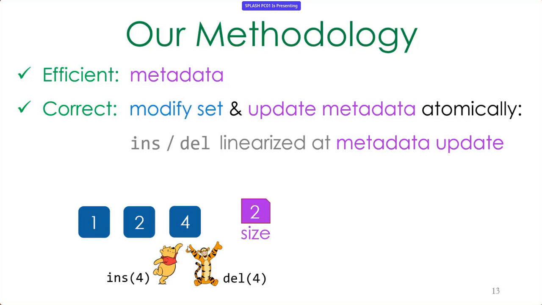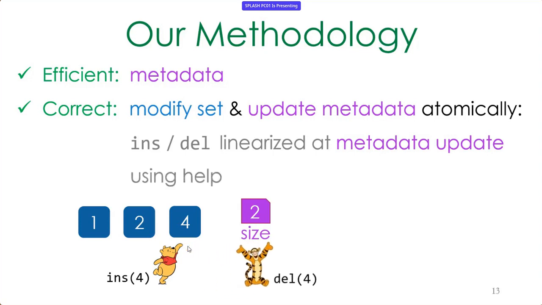Right? So what Tigger needs to do, we don't want it to just sit and wait and block until Pooh updates the metadata. We want Tigger to make progress. So what he can do is help Pooh update the metadata on behalf of Pooh, and then he can resume his operation. So this is what we do in general.